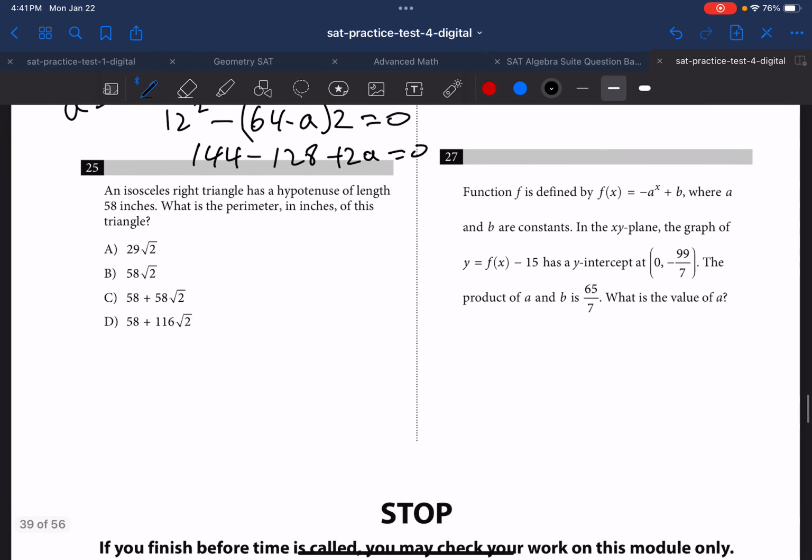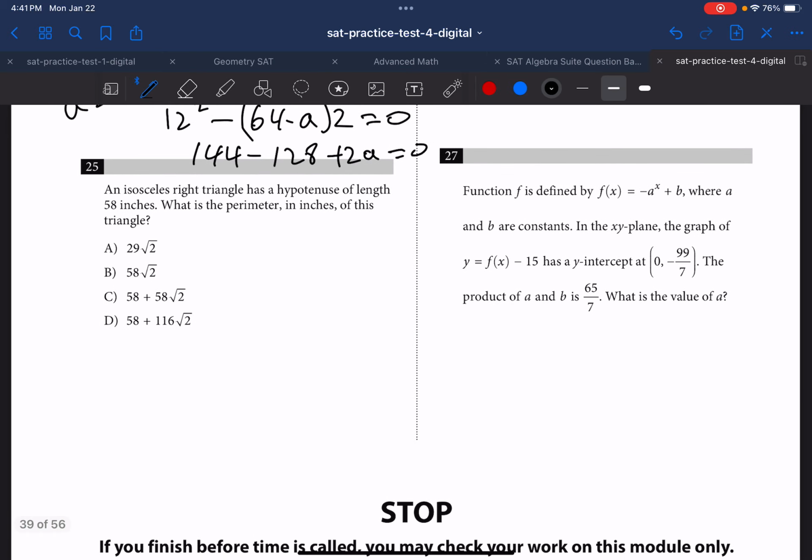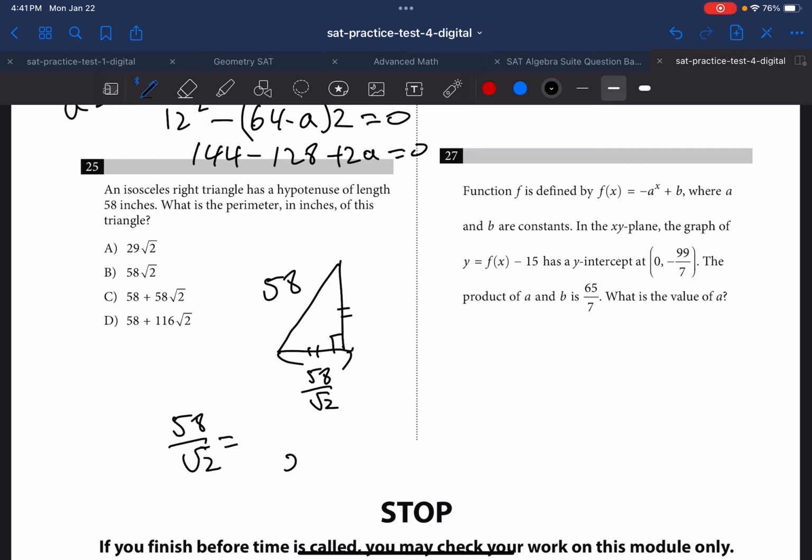Now number 25. An isosceles right triangle has a hypotenuse of length 58 inches. So isosceles right triangle, hypotenuse of 58. To find the legs, we divide both sides by root 2. So 58 over root 2 is the same thing as 58 root 2 over 2 when multiplying both denominator and numerator by root 2.